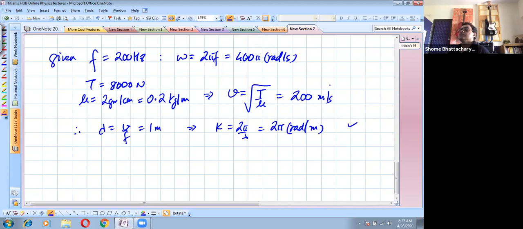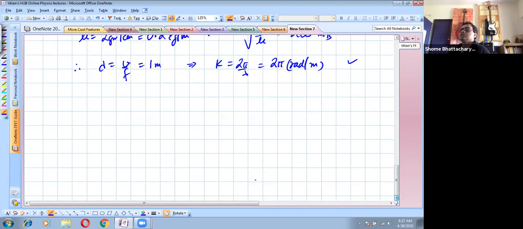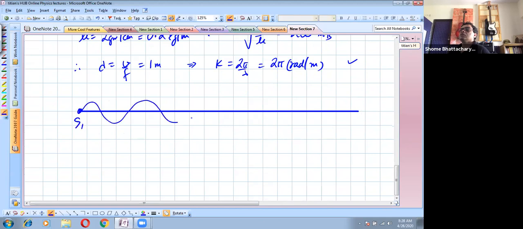Okay, so that is that. So now we come to our wave equations. So if you just think about the source S1 alone, what kind of waves is it creating?